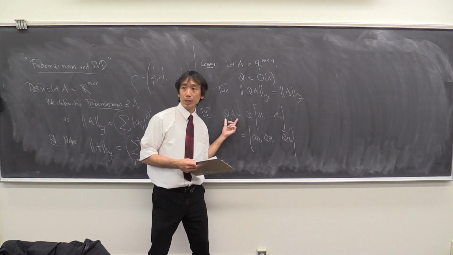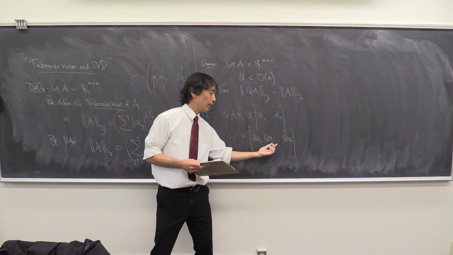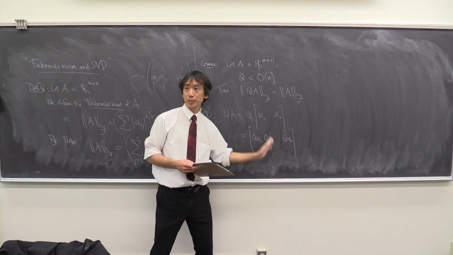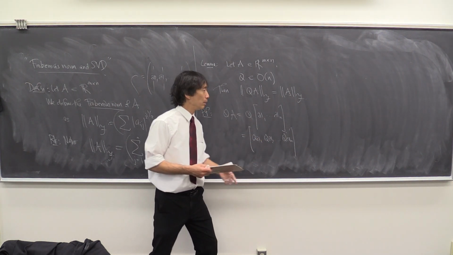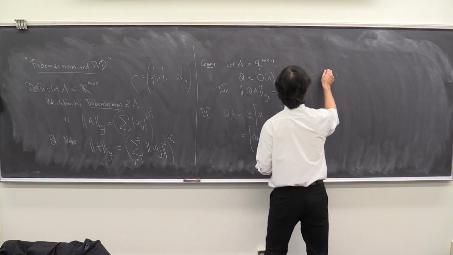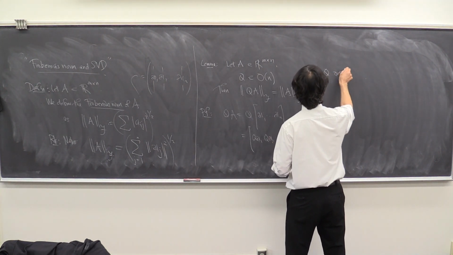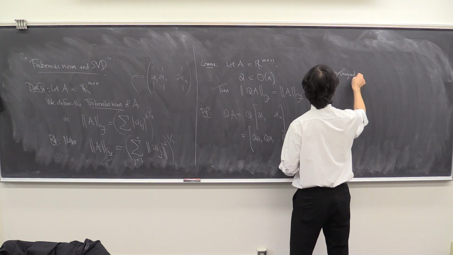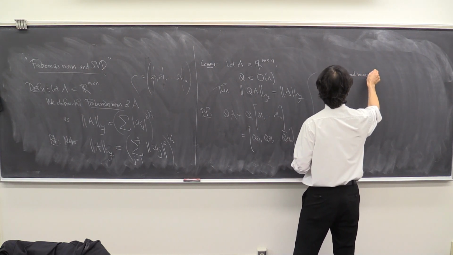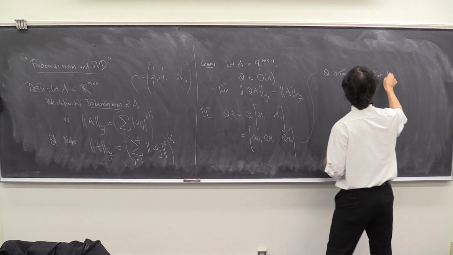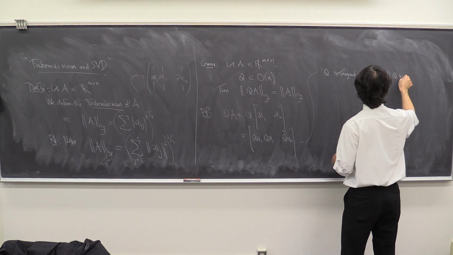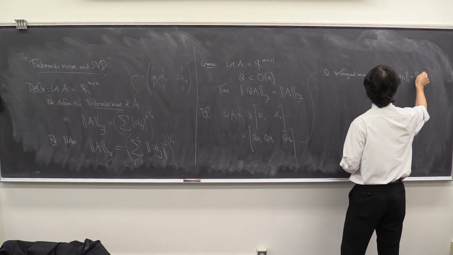So what's QA? It's just A with Q applied to each of the columns. But remember that Q orthogonal means that the size of QA is the same as the size of A.